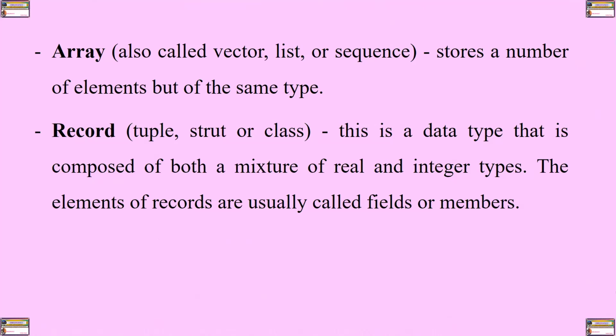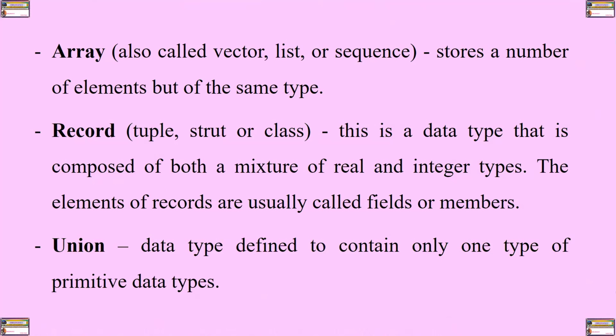Number two is the record, also called tuple, struct or class. This is a data type that is composed of a mixture of real and integer types. The elements of records are usually called fields or members. Number three is union. These are data types that are defined to contain only one type of primitive data type.